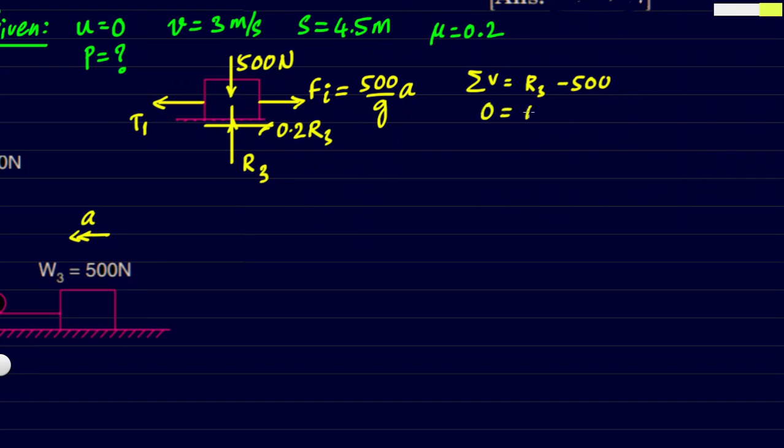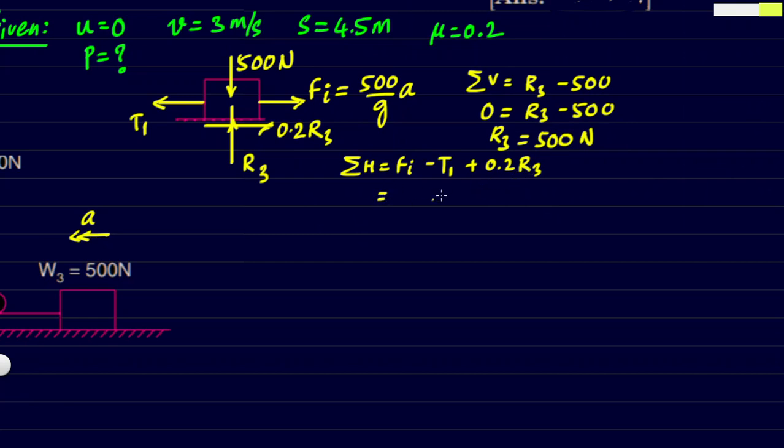The total has to be equal to 0, and that gives us the value of R3 as 500 newtons. Next, let us take all the horizontal components. The inertia force is acting on the right, tension T1 is acting on the left, and friction is acting on the right, 0.2 times R3. So these three forces are acting in the horizontal direction.